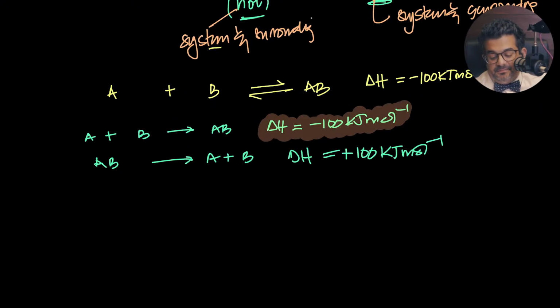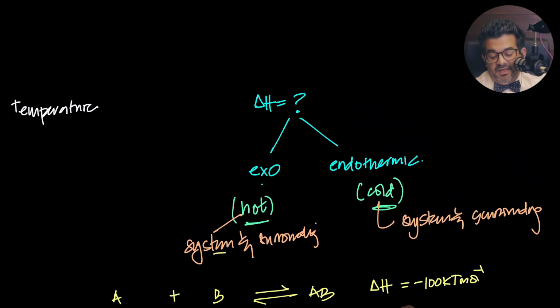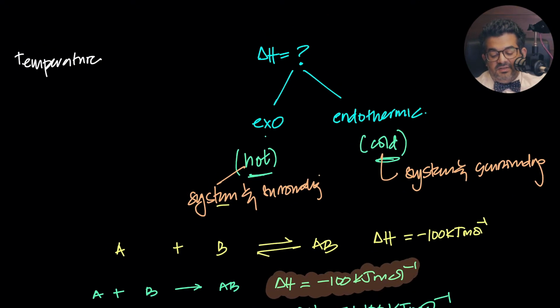that keeping this in mind, keeping the fact that exo is hot and endo is cold, so if I give you the same reaction we had seen earlier, nitrogen and 3 moles of hydrogen becoming 2 moles of ammonia, and its delta H is, let's say, minus 90 kilojoules per mole. I don't know what it is, but let's call it minus 90.